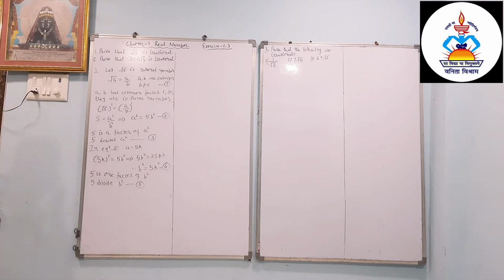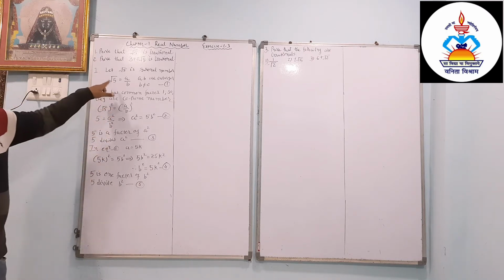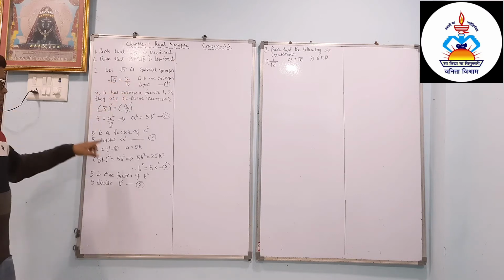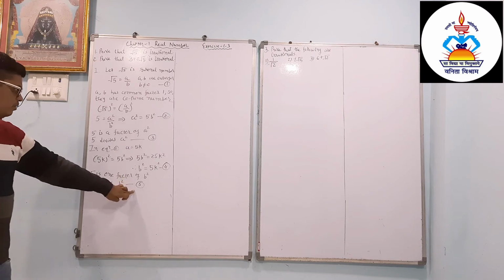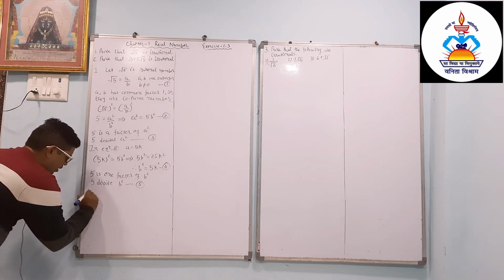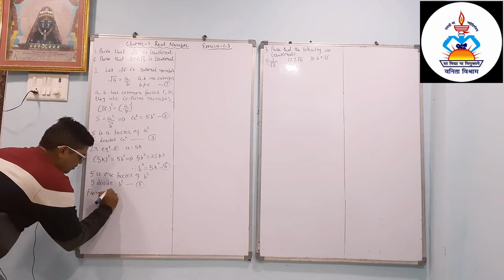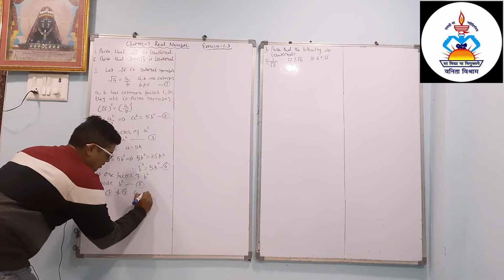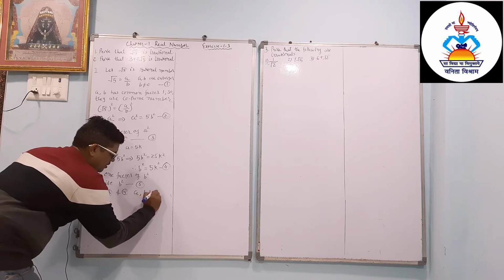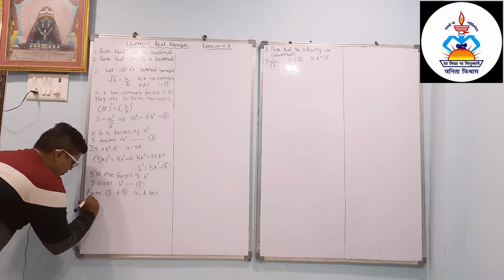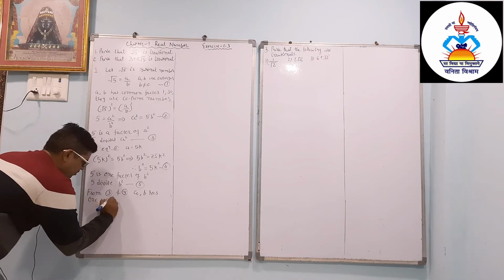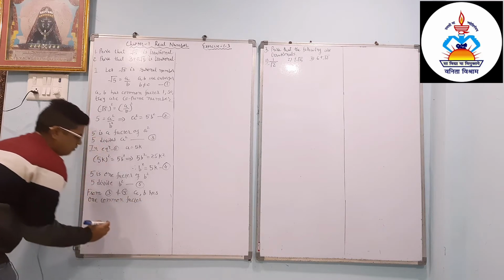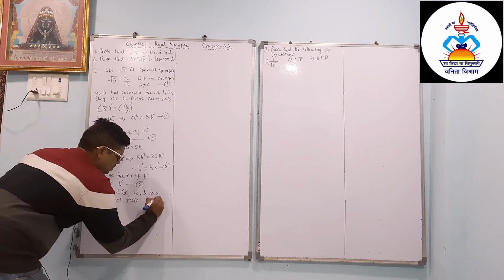So it is a contradiction. You can see, whenever we consider that a and b are in a rational number, they are co-prime and they have only one common factor, 1. But from results 3 and 5, a and b have one common factor other than 1, which is 5.